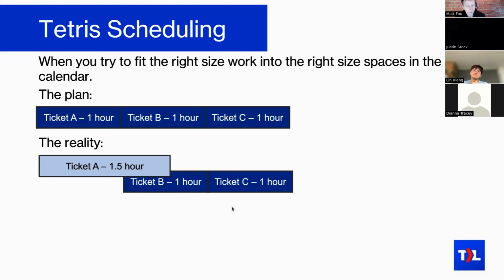So that is quite frequent in the Tetris scheduling mode. And that's one way that work in progress increases with that mode: you might have something that you've started but not finished when you run out of time, and it has to be put back on the calendar in the next available spot. So those are a couple of ways that work in progress tends to increase depending on old ways of working.